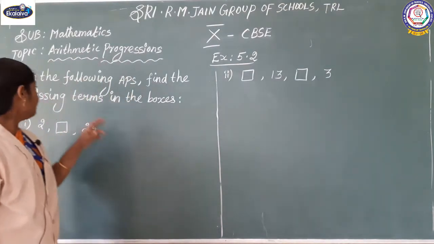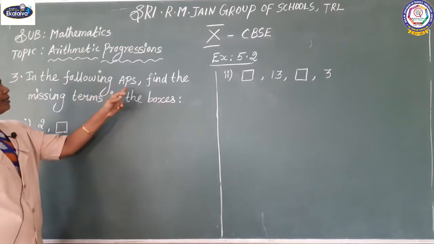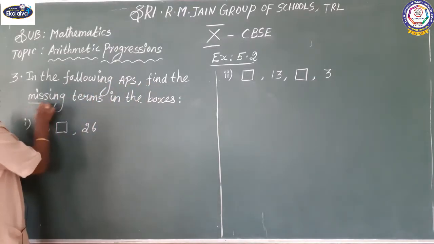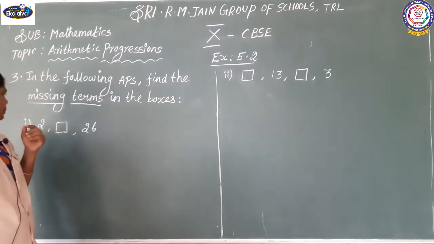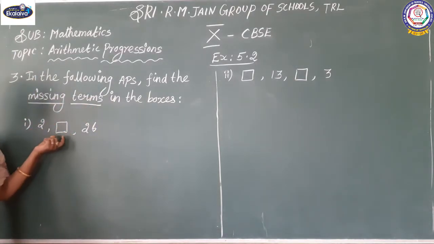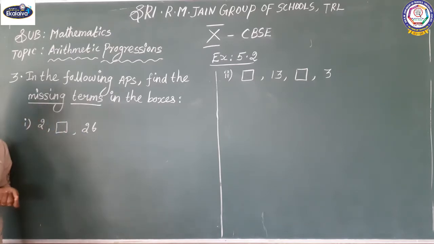See the next question. In the following APs, find the missing terms. Find the missing terms in the boxes. See the question: 2, box, 26. So this value we are going to find.